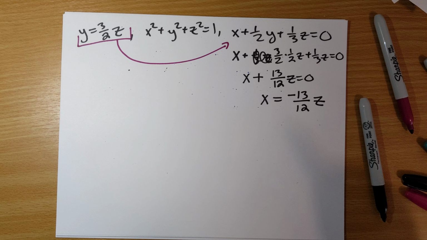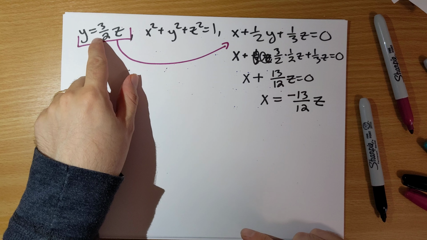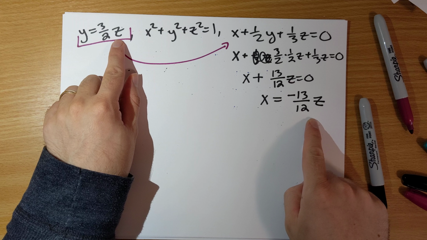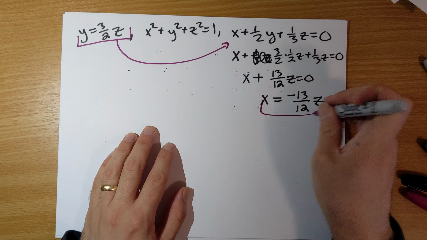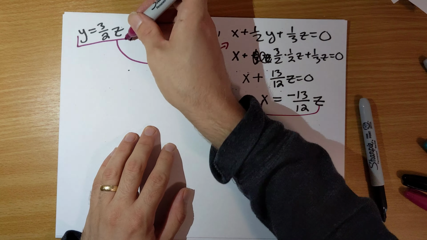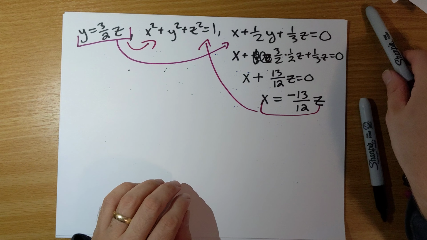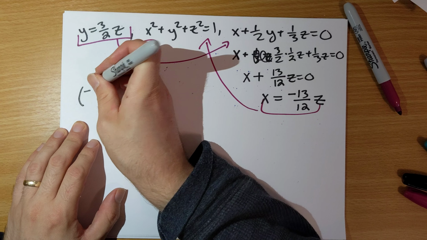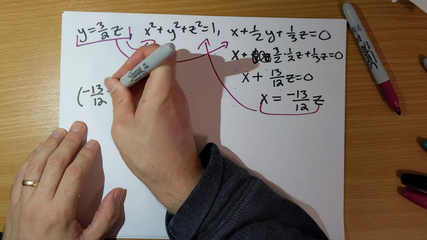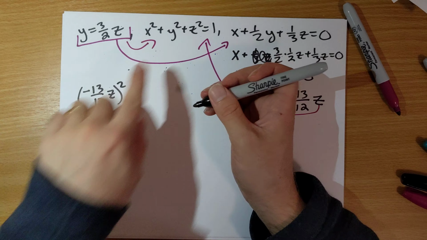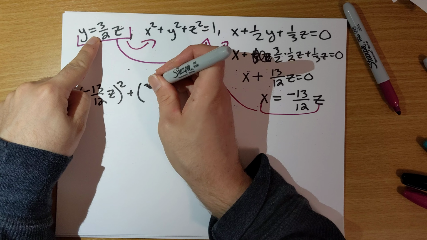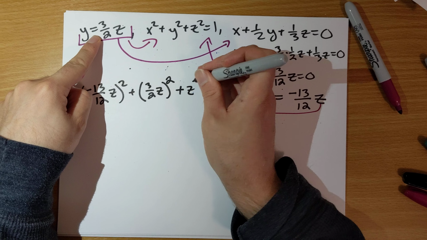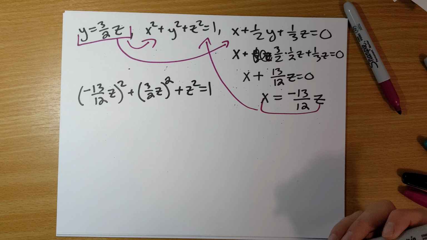So what we've accomplished here is that we wrote y in terms of z, and here we just wrote x in terms of z. And so now we're going to plug in for both of those here. x squared, what is x? x is negative 13 over 12 z, squared, plus y squared, what is y in terms of z? 3/2 z, squared, plus z squared is equal to 1.